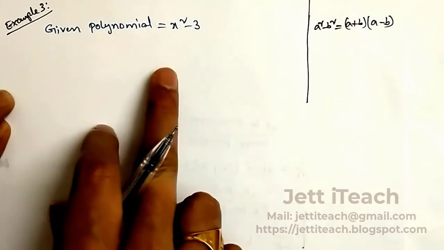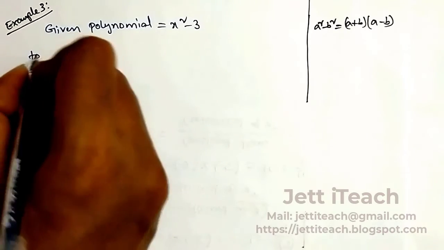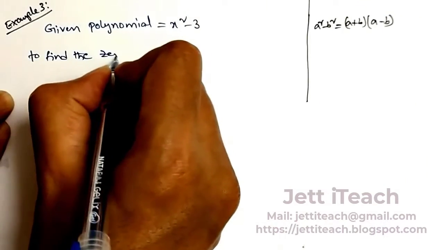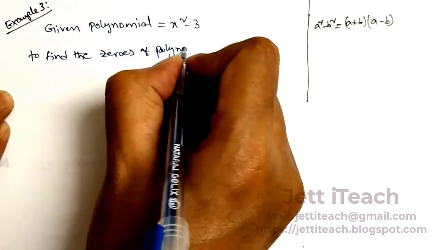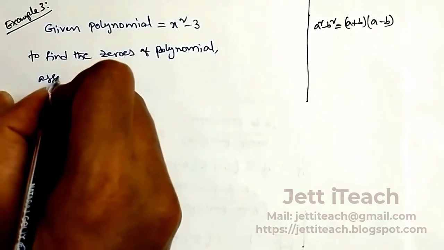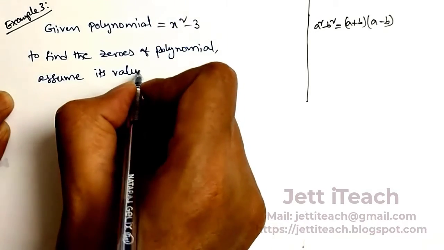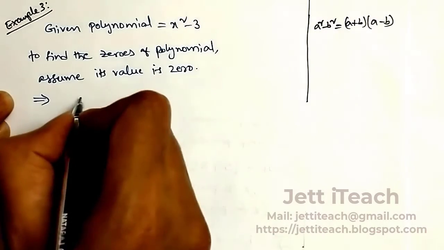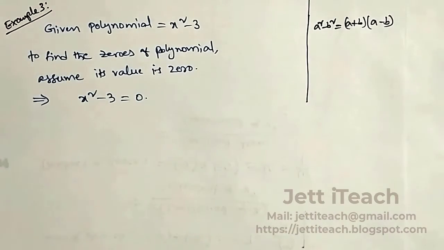Okay, to find the zeros of this polynomial, first you can assume its value is 0. So I can write x square minus 3 equal to 0.